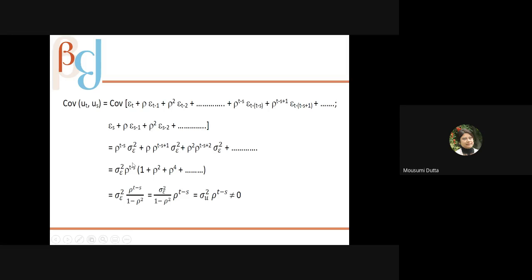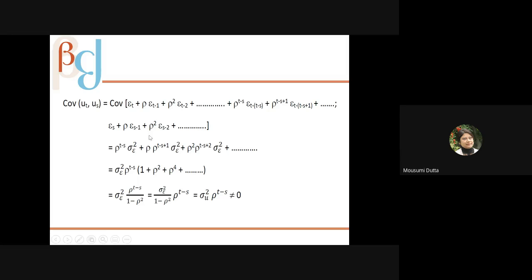So let's see how we will proceed. As I mentioned, there will be several terms where there are similar terms. These will give you variances rather than covariances.